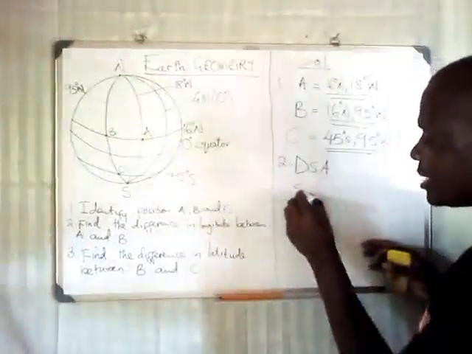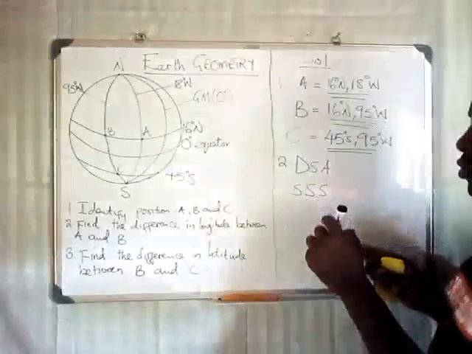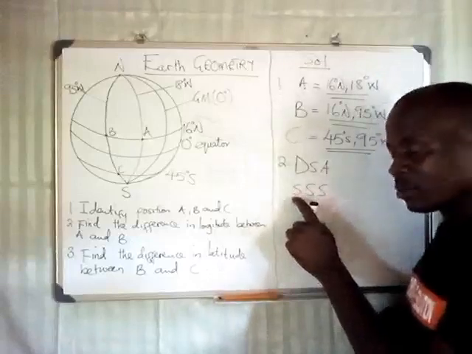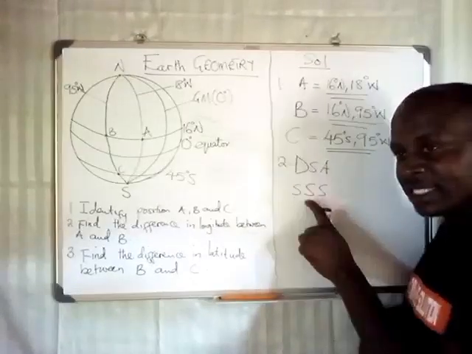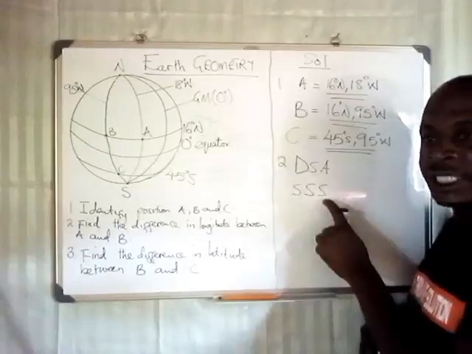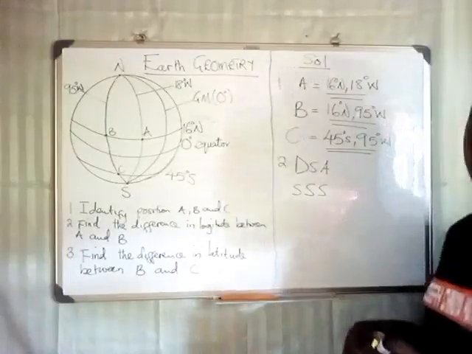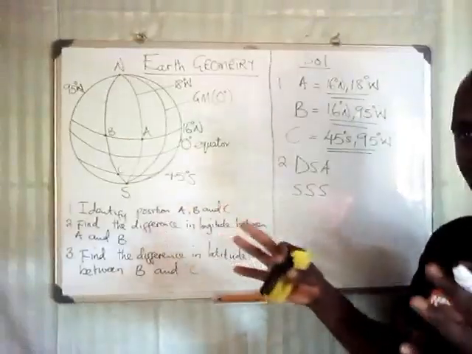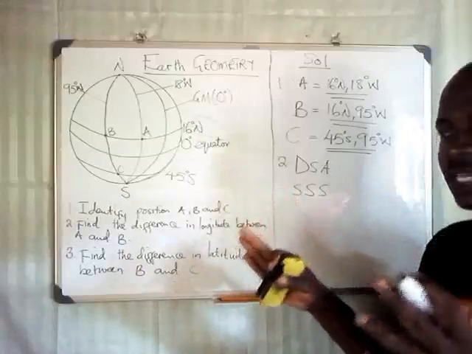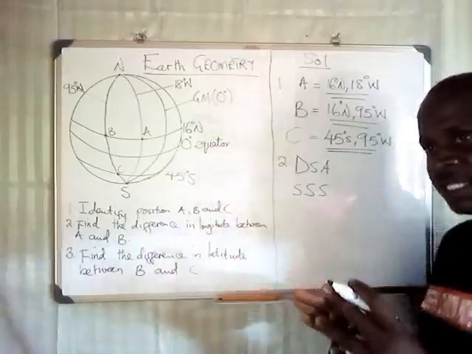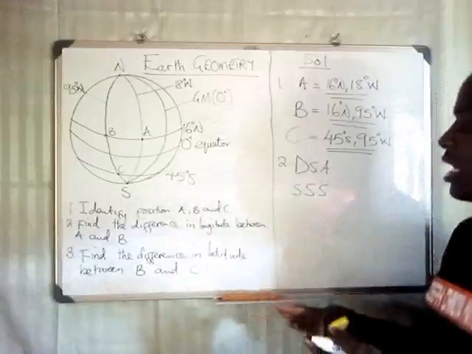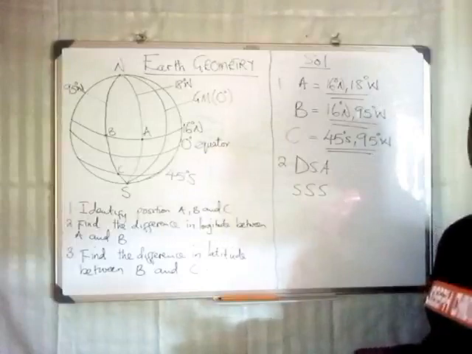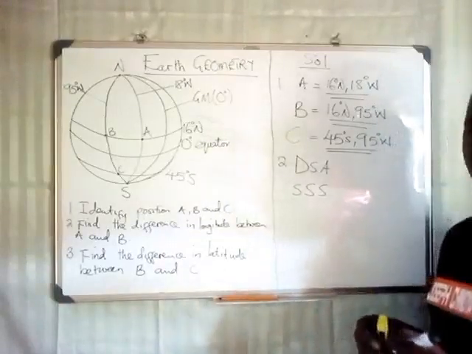But when the sides are the same, remember SSS: same side, subtract. It means that if the 2 positions given are on the same side, you subtract. But if the sides are different, then you add the degrees given.